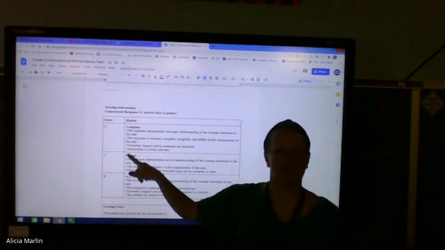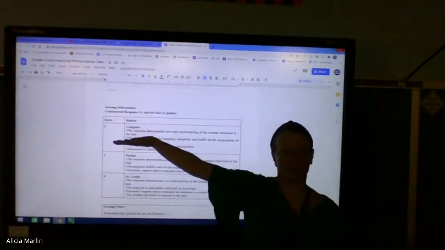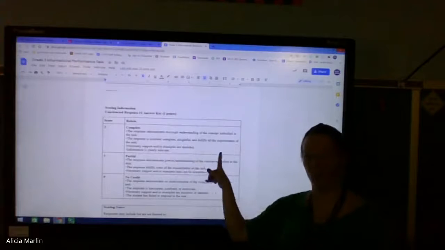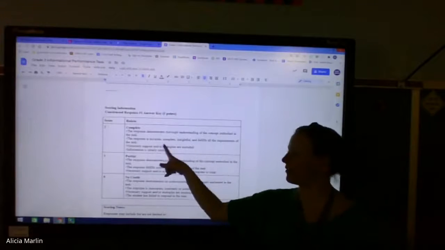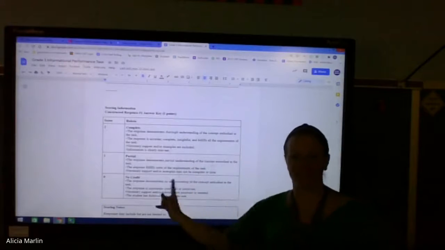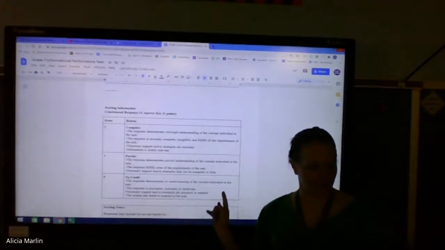If you go all the way to the end, it tells you you can score a 2, a 1, or a 0. And it tells you what the 2 papers are going to look like, what the 1 papers are going to look like, and what the 0 papers are going to look like.